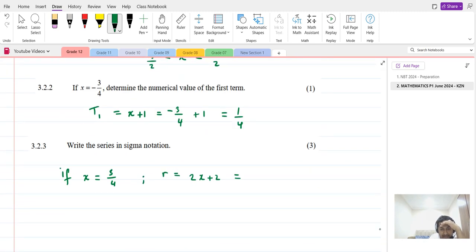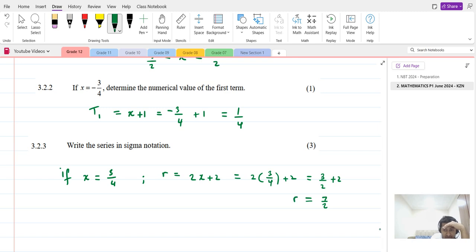Then x value is 3/4, so 2 into 3/4 plus 2. So we have 3 over 2 plus 2. 3 over 2 plus 2 is, don't say plus 2, say plus 4 over 2, so it's 7 over 2. 1.5 plus 2, that's 3.5, which is 7 over 2.